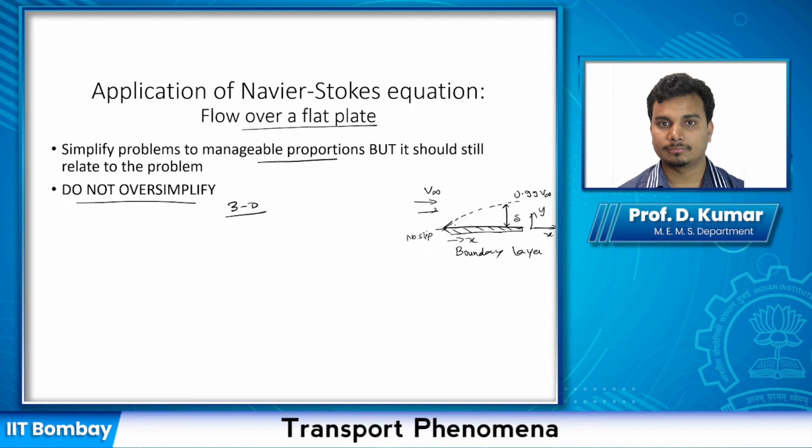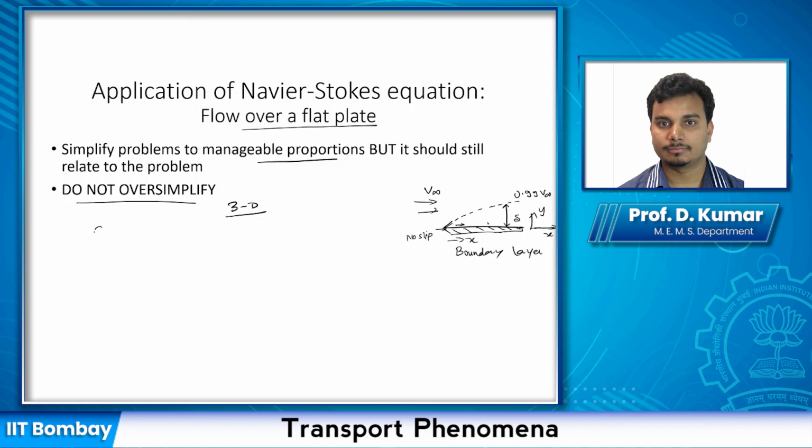So if you compare Vx here versus Vx over there, the gradient del Vx by del y is much larger here compared to there, or you can say Vx here is much larger compared to typically the Vx you will have there. So Vx changes in the x direction.